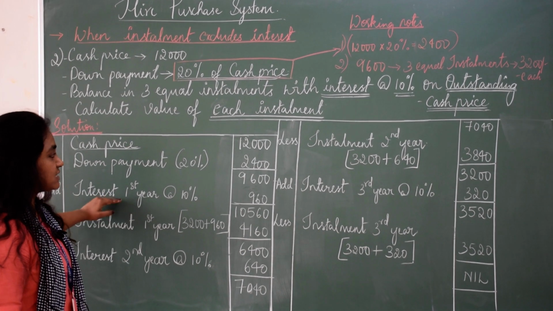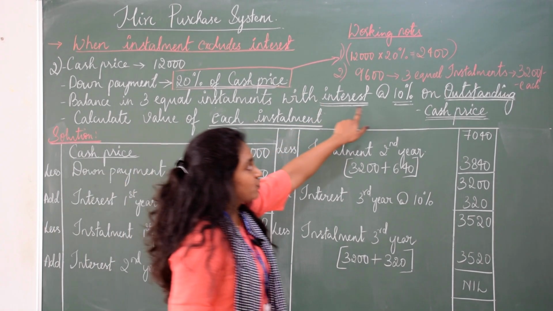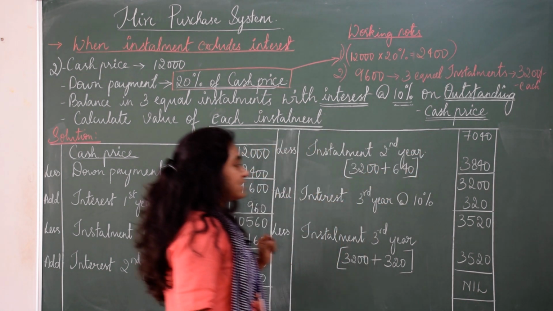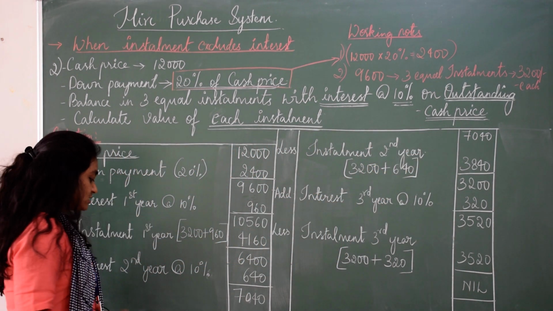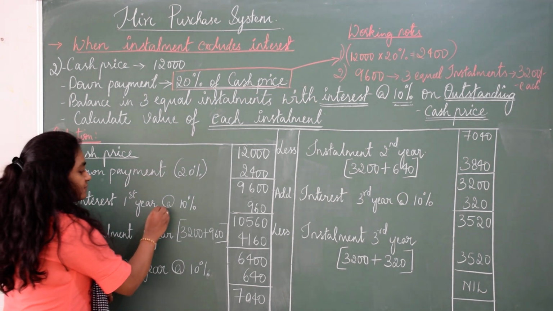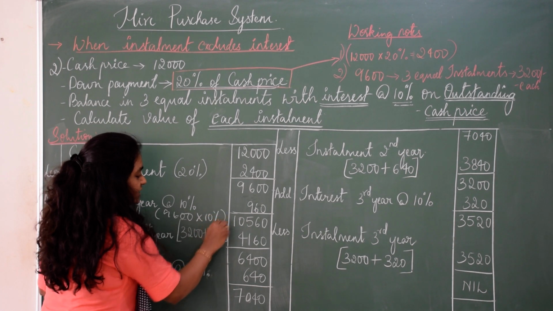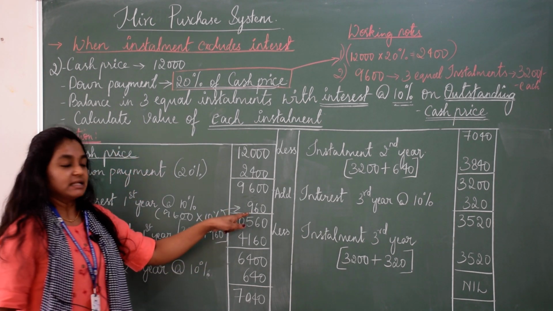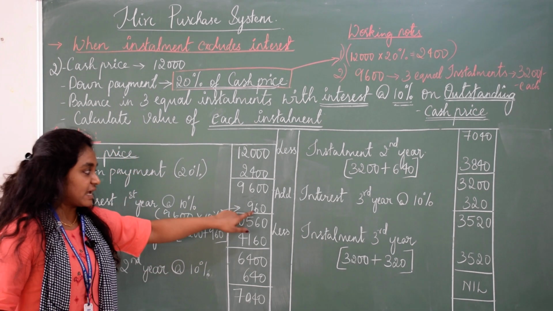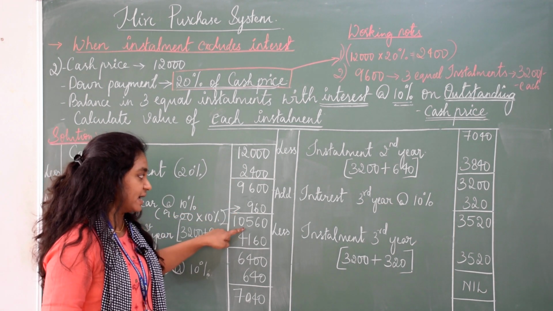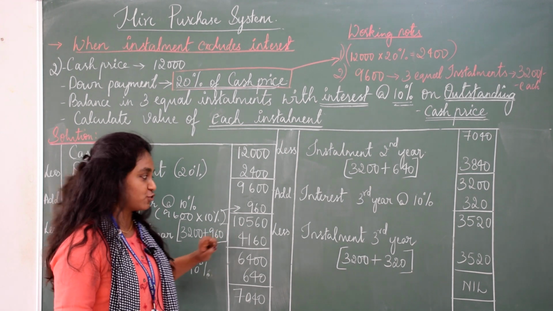They have clearly mentioned interest will be at 10% on the outstanding cash price. So, 10% on this 9,600, that is 9,600 into 10%, you get 960 rupees. When this 960 rupees is added to the outstanding balance, you get 10,560 rupees.